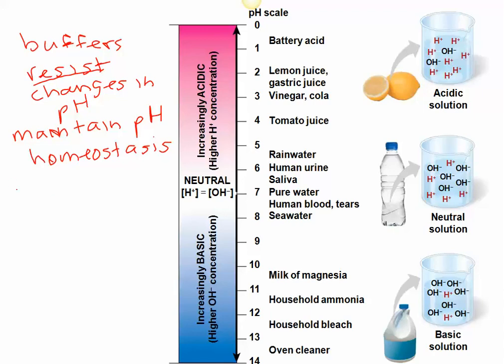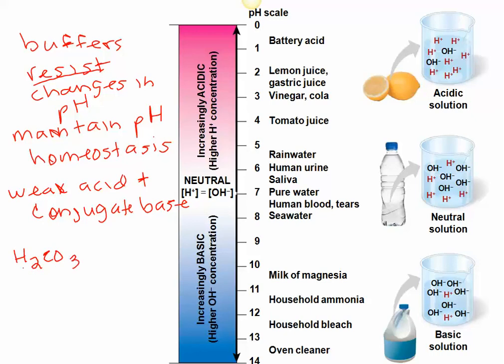And buffers are a system of a weak acid with its conjugate base. For example, the buffer system that's in our blood is actually carbonic acid. So it's H2CO3. And we write the name here, carbonic acid. And it's an acid because when it's in solution, it actually donates hydrogen ions. And that's why it's an acid.